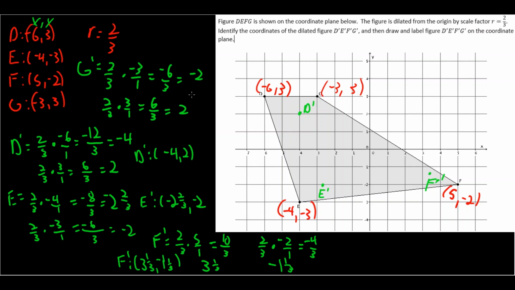It'll simplify to 2. So our new point here will be at -2, 2. And that is right here. So this is our G prime.